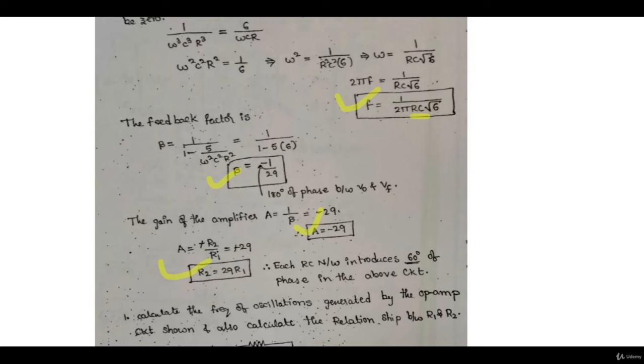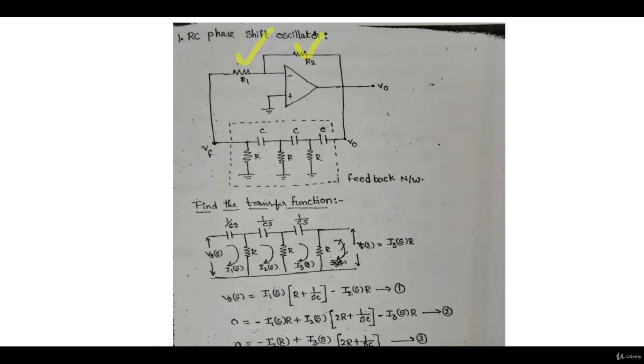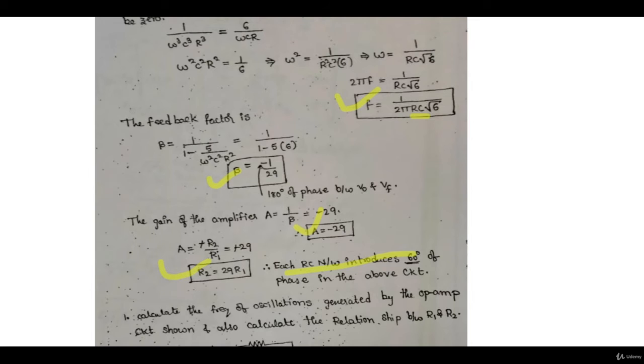So this is how the flow will go. Here each RC network is providing 60 degree of phase in the above circuit. So this RC circuit is providing 60 degree, this is providing 60 degree phase delay, this is providing 60 degree. Okay, so total 180 degree phase shift we are getting.